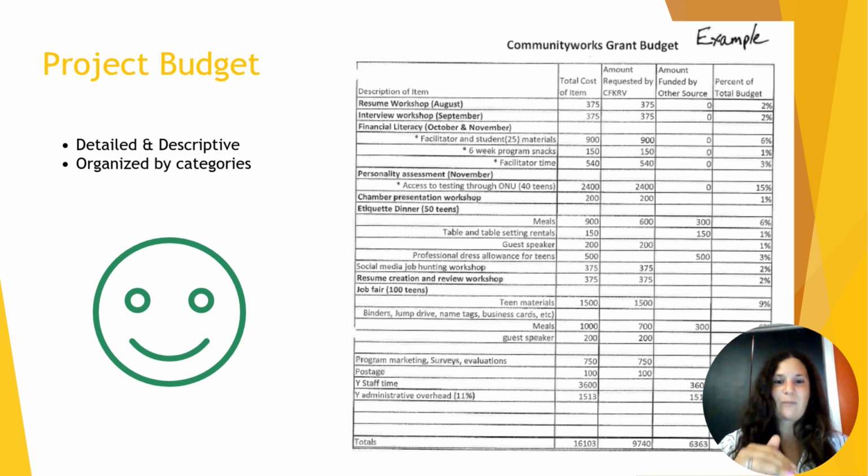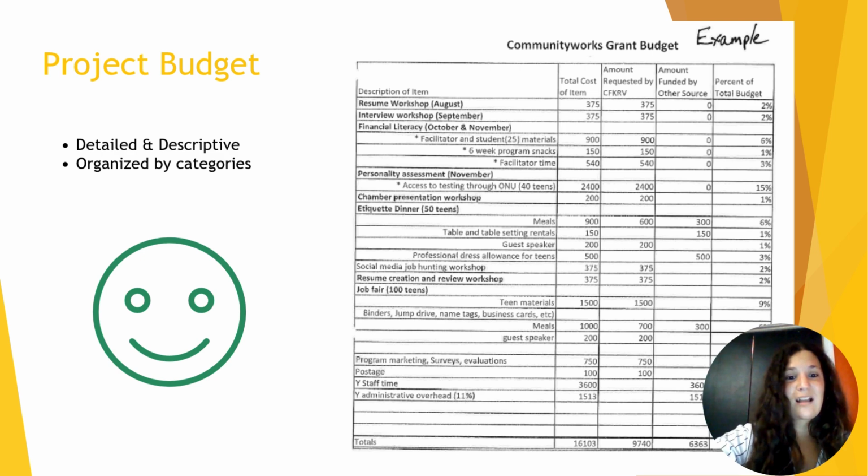And then in November, they're doing this assessment, and they need these materials for this many students. And they're doing this program, and they need this many materials for these 6 weeks. I'm not going into the description of everything here, but they're giving numbers for how many students, how many table settings, how many speakers, how much it's costing per item, and things like that.